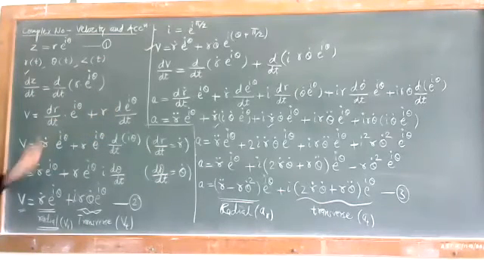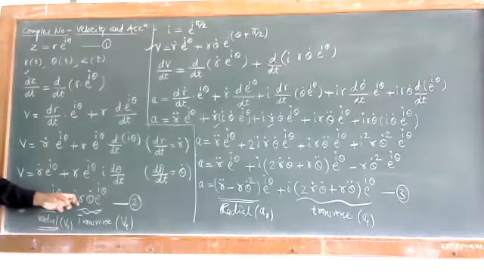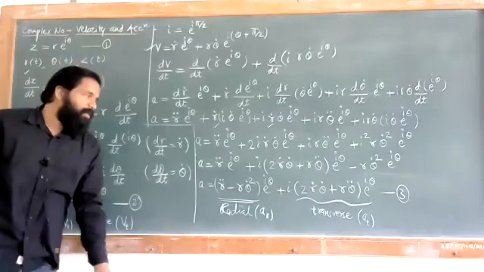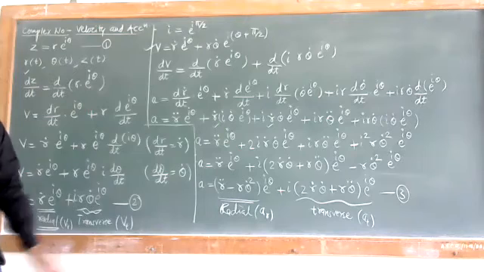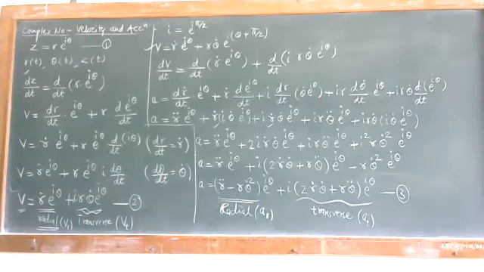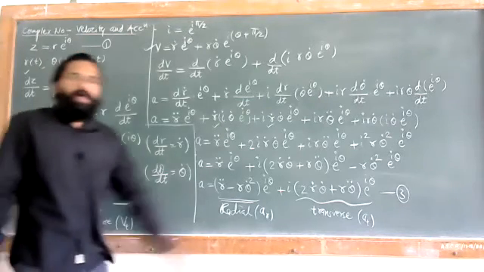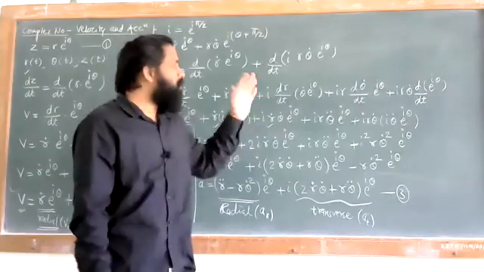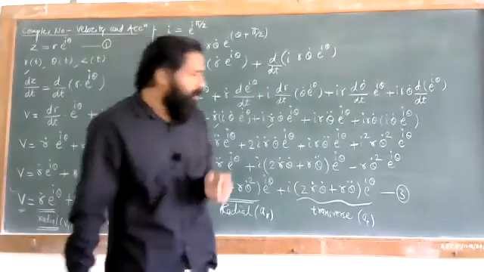So we can have both the things. So velocity can be given as r dot e raised to i theta plus i r theta dot e raised to i theta, and your acceleration is nothing but r double dot minus r theta dot square e raised to i theta plus i times twice r dot theta dot plus r theta double dot into e raised to i theta. So that is the last thing, that is the applications of your complex numbers.